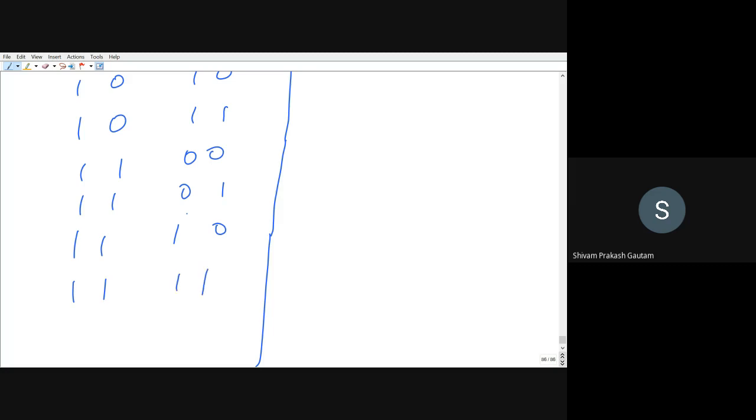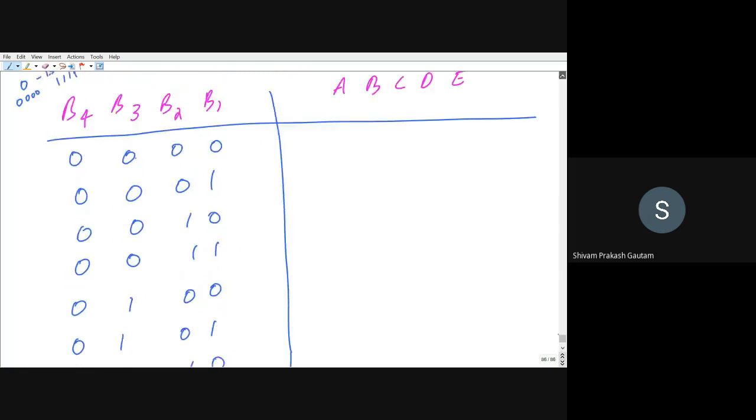This is the maximum binary that we can reach using 4-bit. Now we have to fill the corresponding BCD.